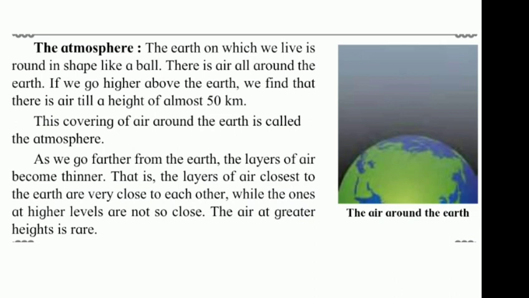As we go farther from the earth, the layers of air become thinner. That is, the layers of air closest to the earth are very close to each other, while the ones at the higher levels are not so close. The air at greater heights is rare.